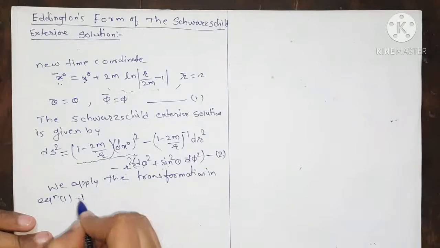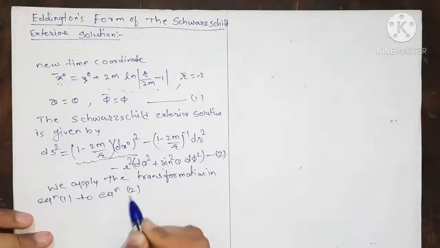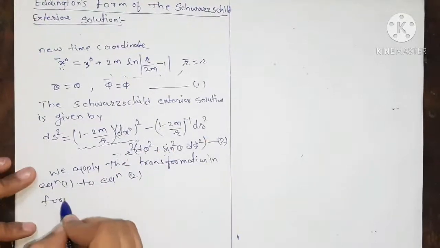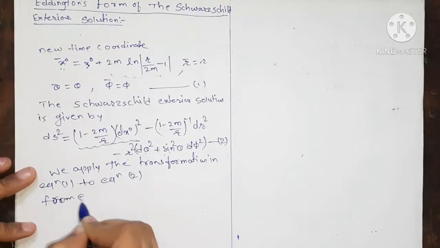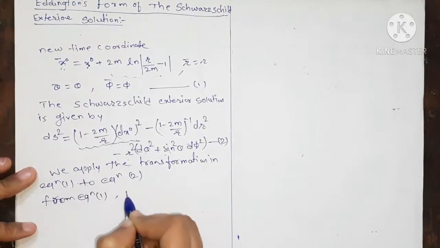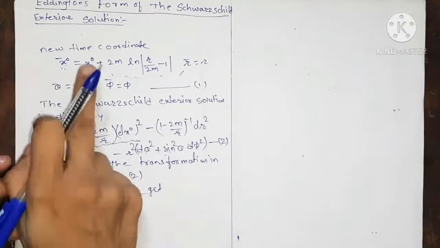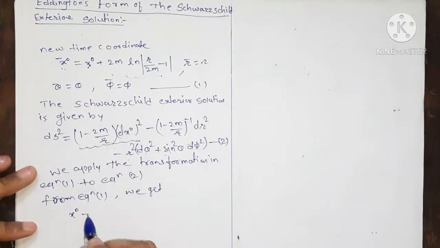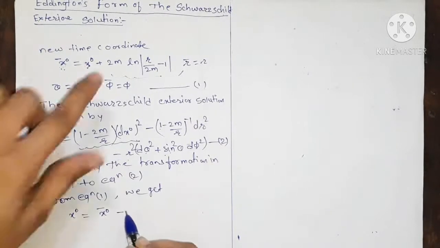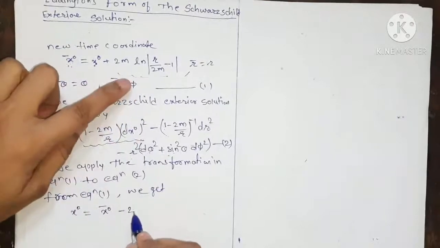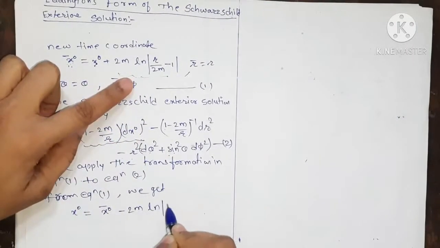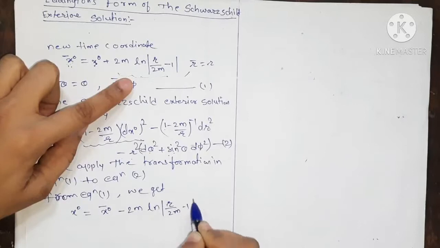Therefore from equation 1 we get x0 as x0 bar minus twice m log of the modulus of r upon twice m minus 1.